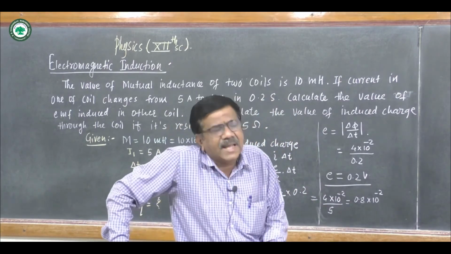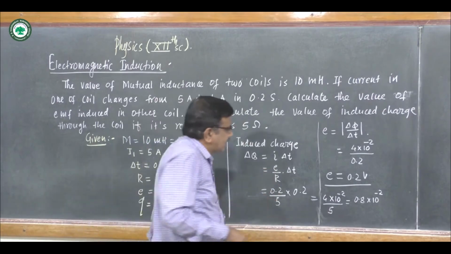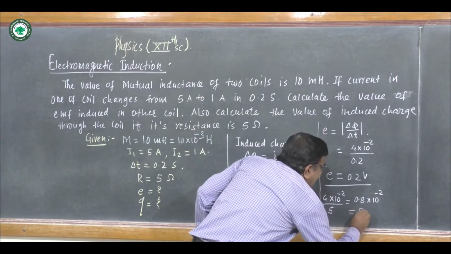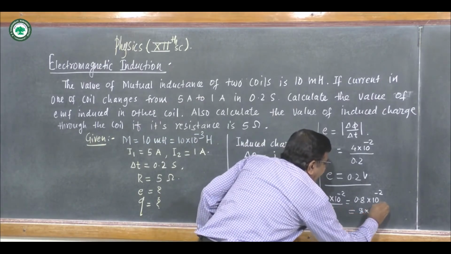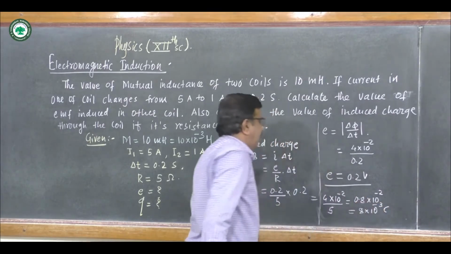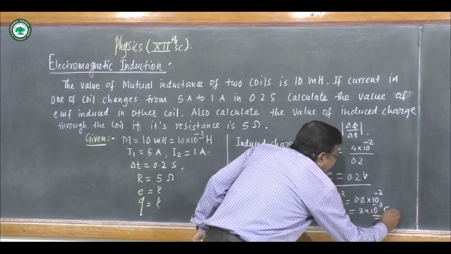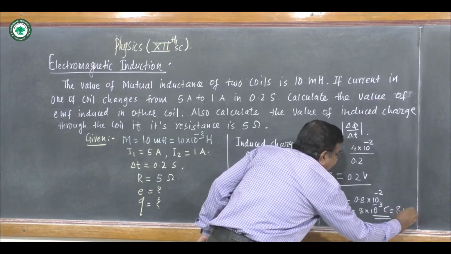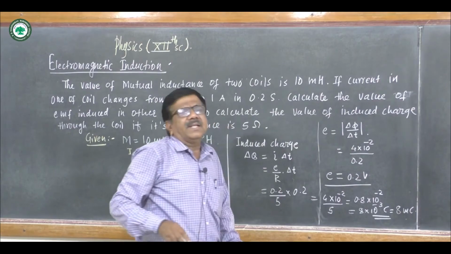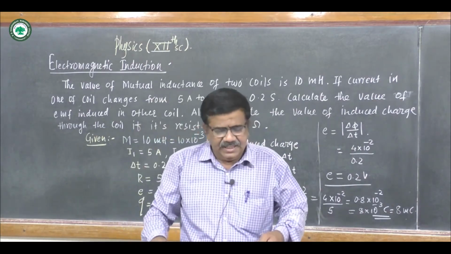If we adjust the terms, it is 8 into 10 raised to minus 3 coulomb, but this is nothing but millicoulomb. We write it as 8 millicoulomb, or simply write it as 8 into 10 raised to minus 3 coulomb.